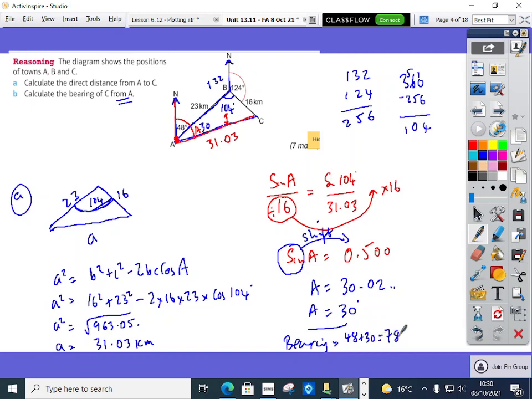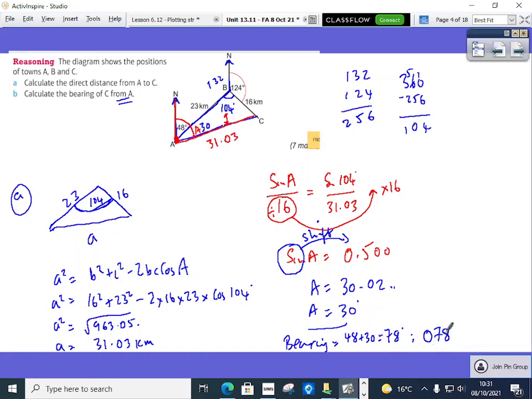If you had written that in the exam, you would get 0 marks. That is wrong. Yes, thank you. A bearing should be written as 3 digits, so you must put the bearing is 078. I'll repeat that. You must put it as 078. That is the bearing of C from A. It's worth four marks.